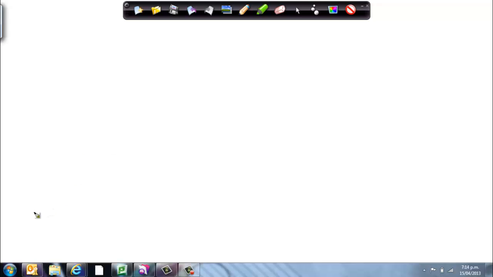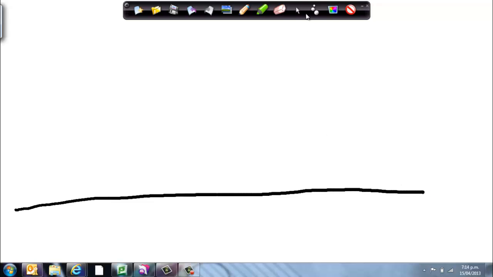Now if we have the flat ground here, and I have a cricket ball in my hand and I throw the cricket ball in this direction, the path that it will take looks like this.